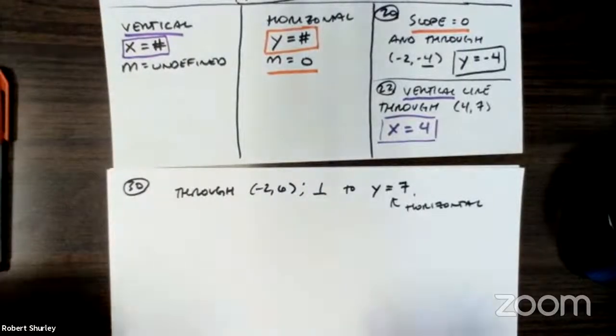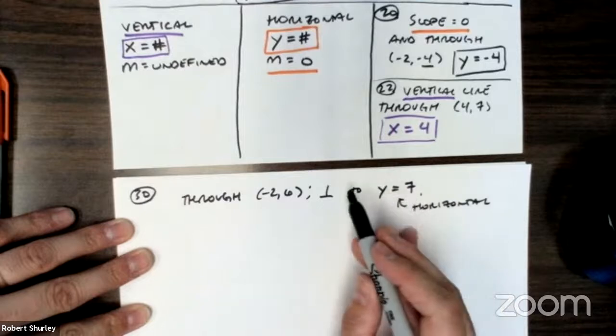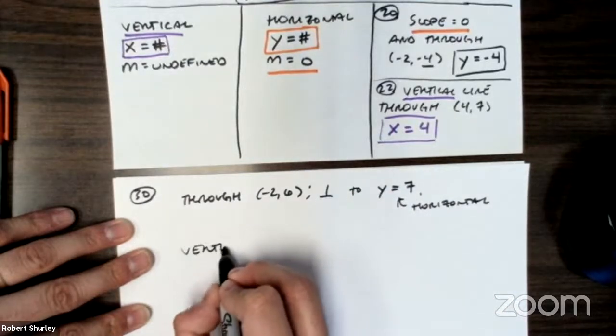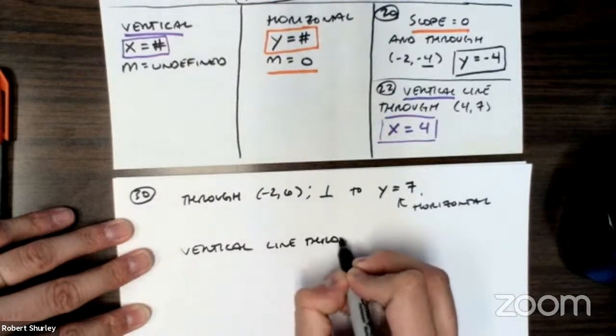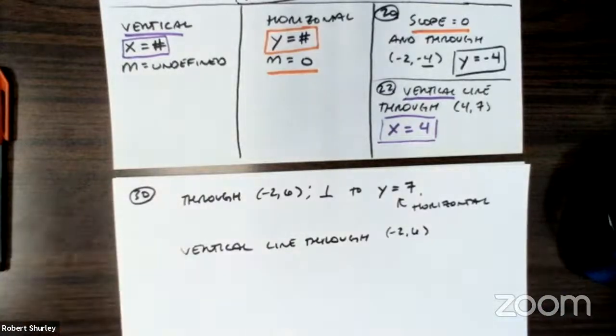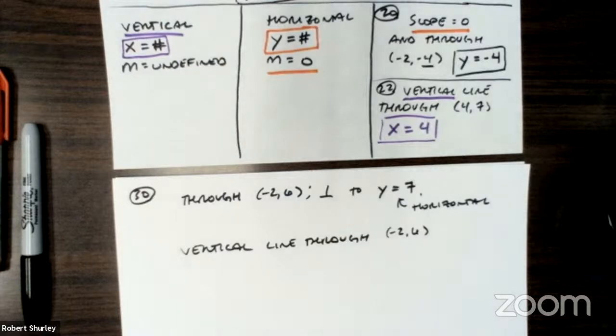So what we're actually looking for, I'm going to rewrite this because it's perpendicular to a horizontal line. We need a vertical line through negative 2, 6. Okay, if we need a vertical line, we'll use the same purple marker.